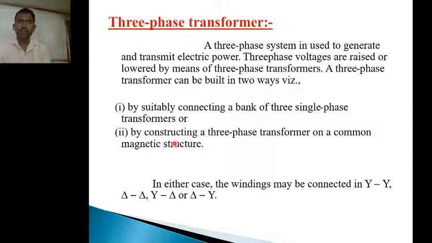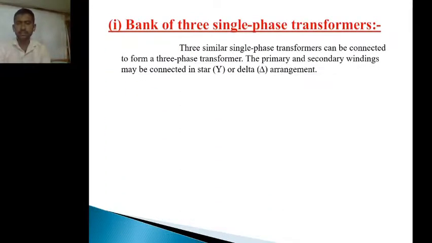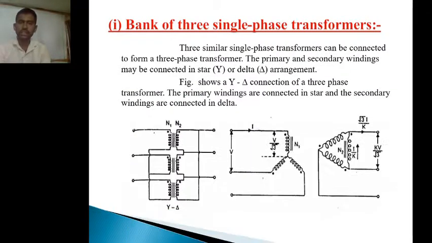First we study the bank of single phase transformers. Under that, three single units are connected either in star connection or in delta connection. The figure shows the star delta connection of a three phase transformer.